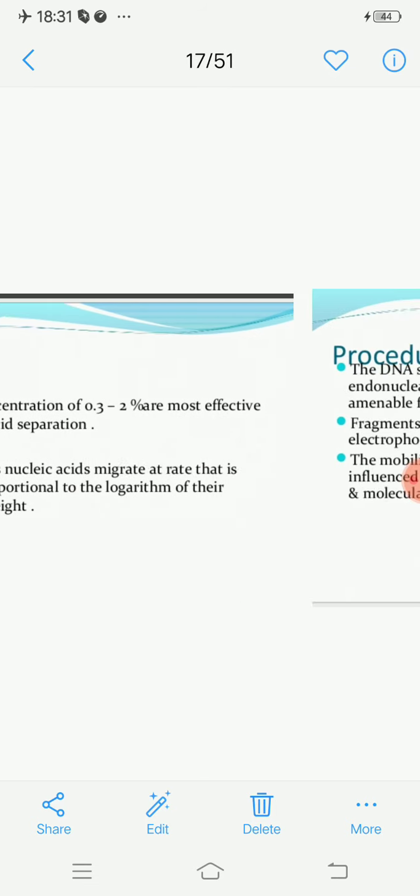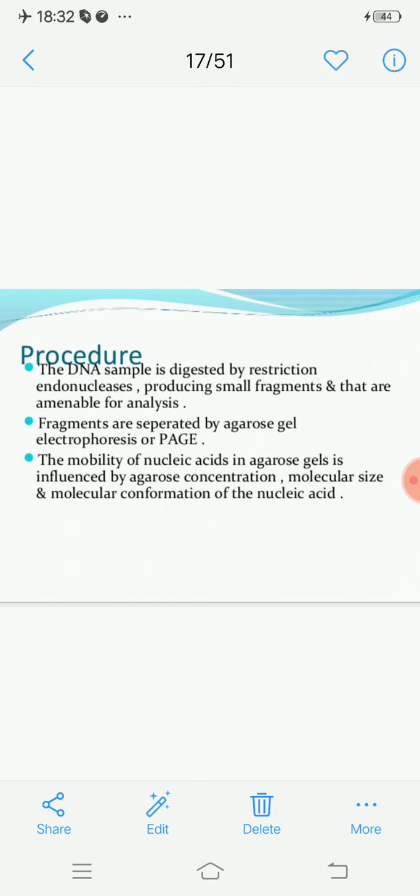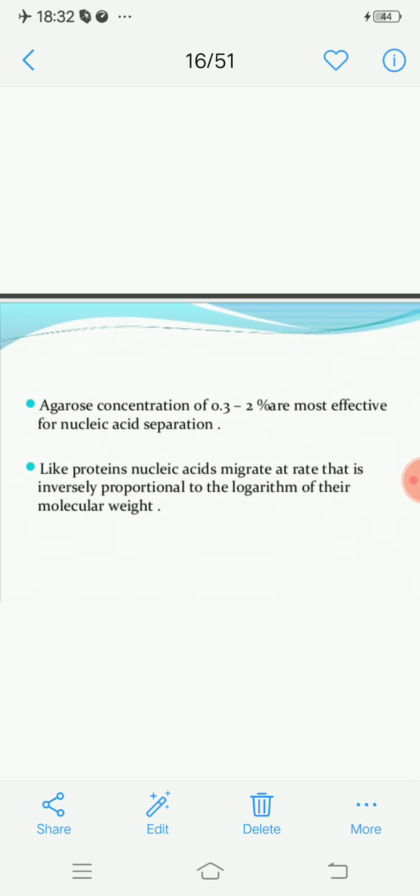Yes, conformation means what? What shape it has taken up. Then agarose concentration must be 0.3 to 2%, which is very effective for the nucleic acid separation. Nucleic acid means DNA and RNA.